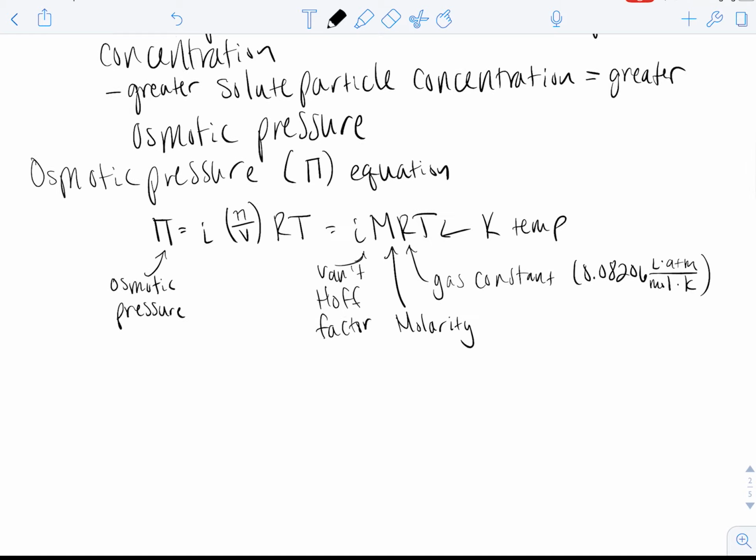Okay. Now, we have the ability to do reverse osmosis. So we're going to reverse the flow of osmosis. So instead of having our solvent move towards greater solute concentration, we're actually going to have the opposite occur.